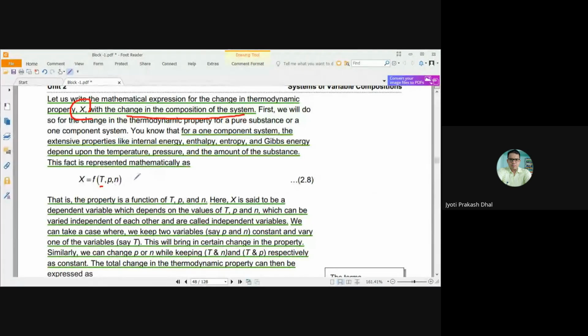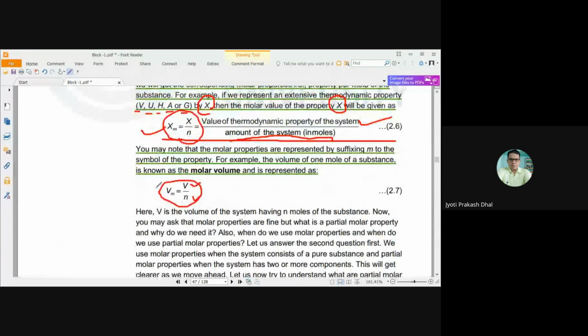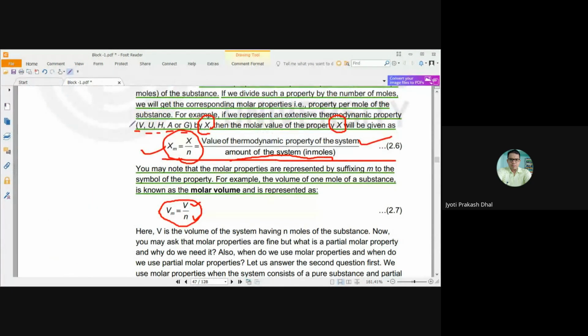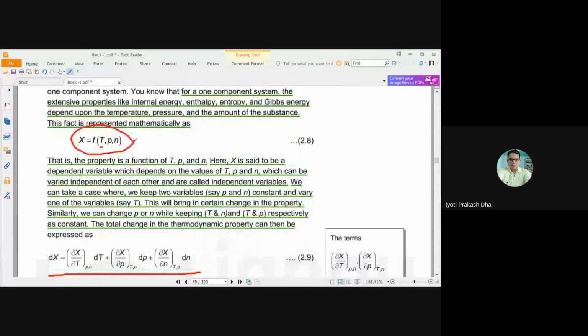So X is completely dependent upon temperature, pressure and composition. For a single component system, there will be no composition variable. X means any thermodynamic property like V, U, H, A or G. So X is a function of T, P, n, where T is absolute temperature, P is the external pressure and n is the number of moles.